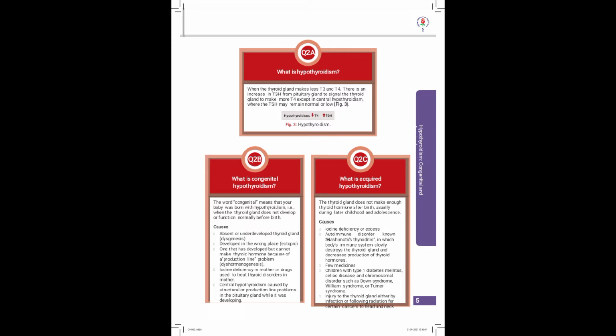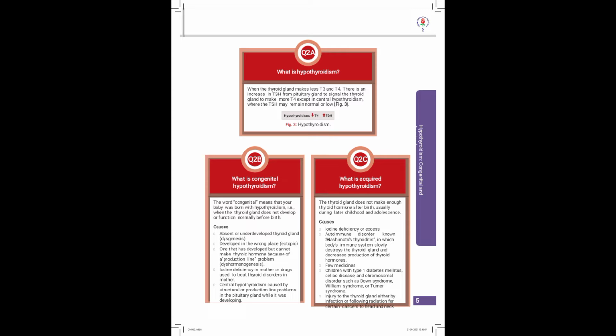Now, coming back to our problem, what is hypothyroidism? A lesser amount of secretion of thyroid hormones is known as hypothyroidism. When the thyroid gland makes less T3 and T4, there is an upregulation in secretion of TSH from the pituitary gland to signal the thyroid gland to make more T3 and T4, thus maintaining the balance.